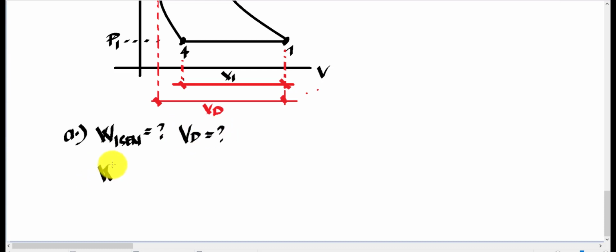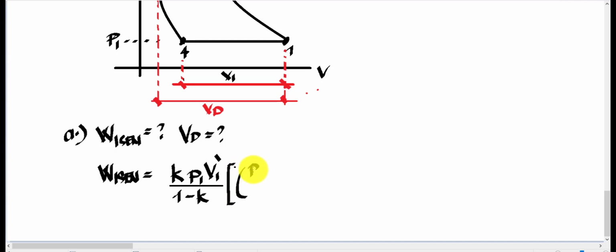Now for your isentropic work, we have the equation which is equal to k times P1 V1 prime, all over 1 minus k, then multiplied by the ratio of pressure 2 over pressure 1 raised to k minus 1 over k, minus 1.